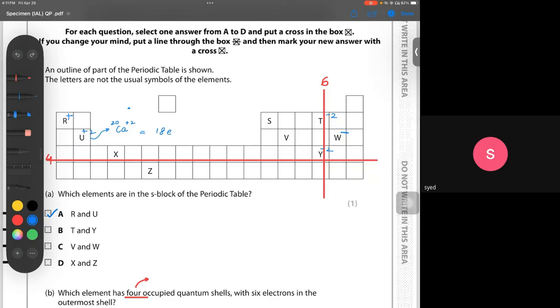So if this is oxygen, what's the proton number for oxygen? Of course, oxygen is 8. 16. Oh, sorry. So can you see the periodic table and then tell me what this is?